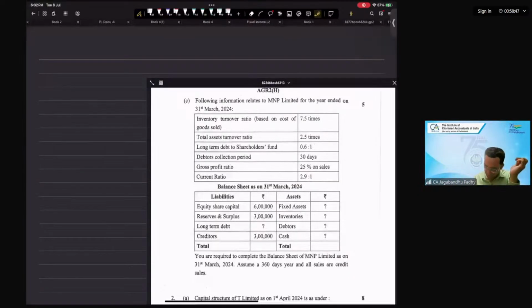We can definitely find the long-term debt. It is not known to us, but we can calculate it from the ratio of long-term debt to shareholders funds.